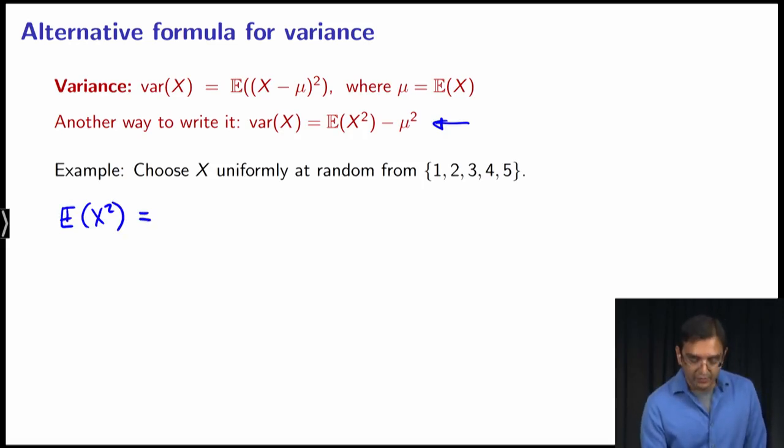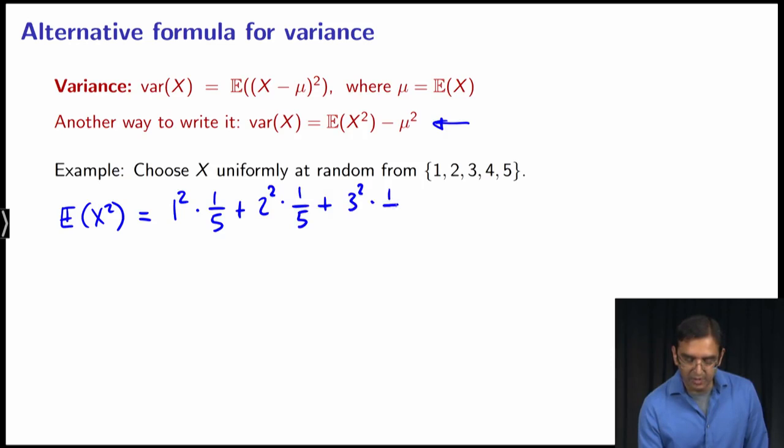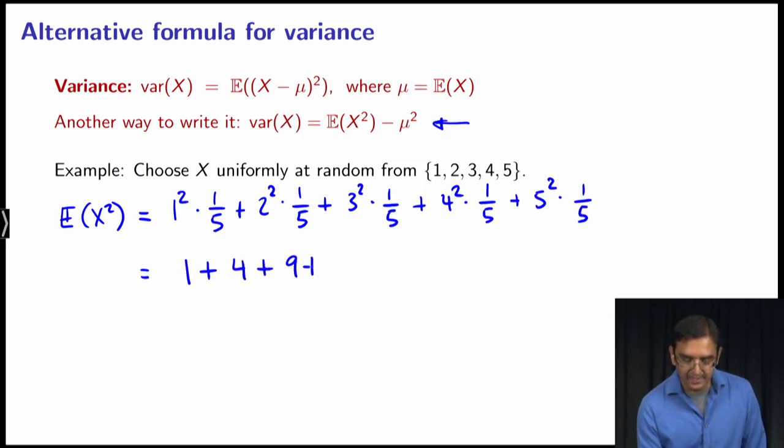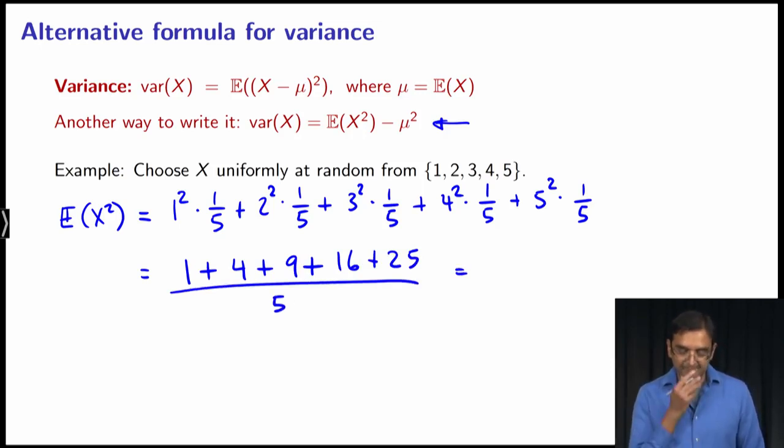Well, x squared could be 1 squared with probability a fifth, or 2 squared with probability a fifth, or 3 squared with probability a fifth, or 4 squared with probability a fifth, or 5 squared with probability a fifth. So what does this work out to? Well, 1 plus 4 plus 9 plus 16 plus 25 over 5, which is 55 over 5, which is 11.